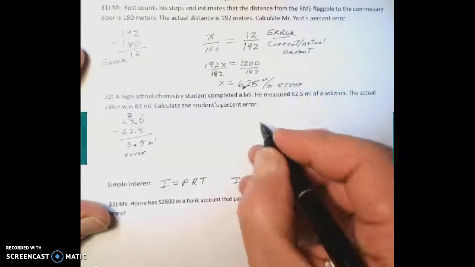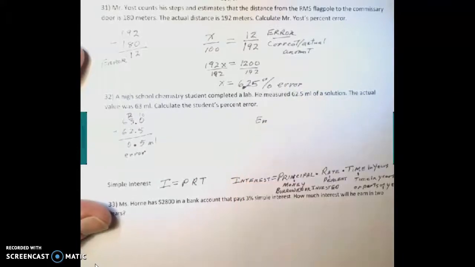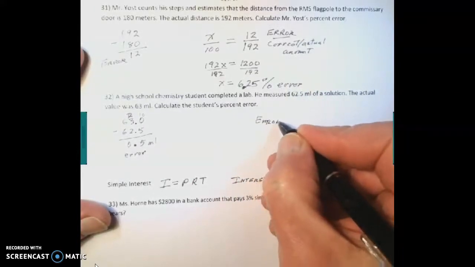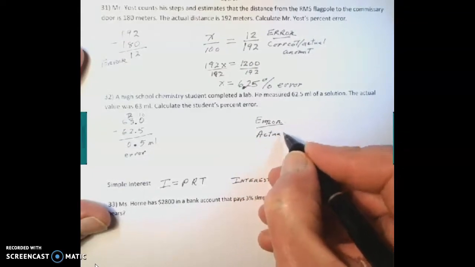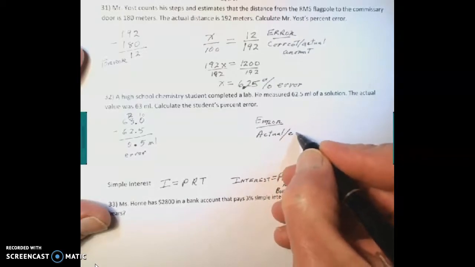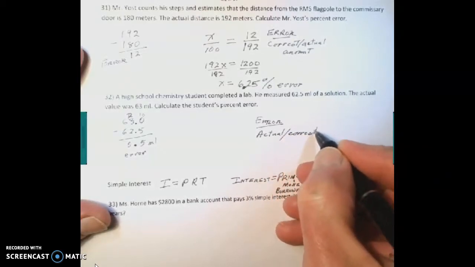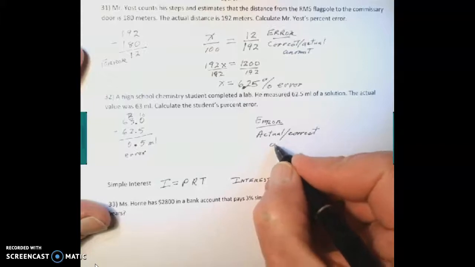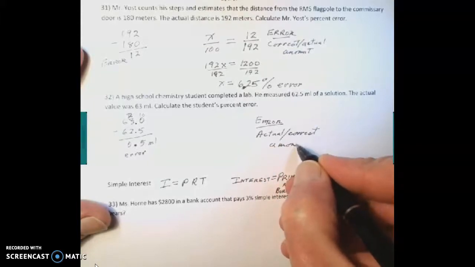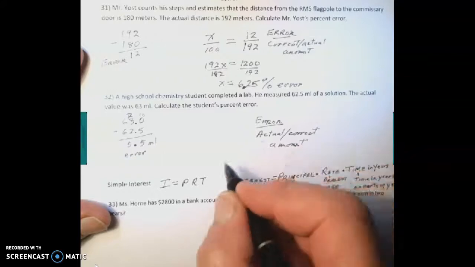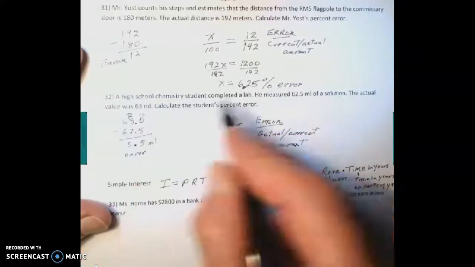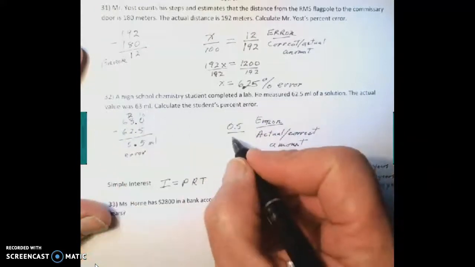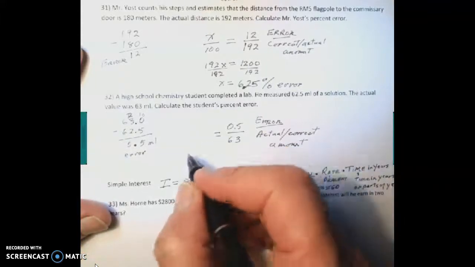Okay, so error over actual / correct, whichever way you want to say it. I'm just trying to make sure you choose the right number. It has to be the accurate measurement. So his error, 5/10 over, the actual value was 63, so it needs to be over the 63.